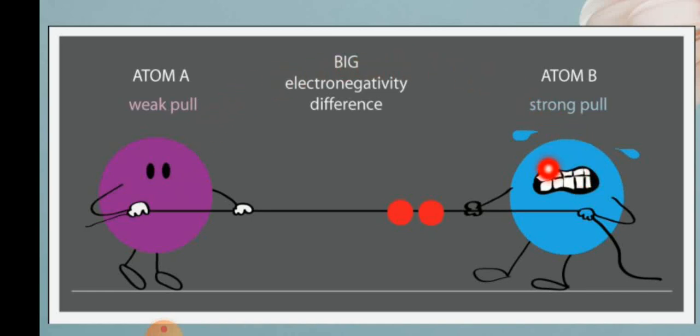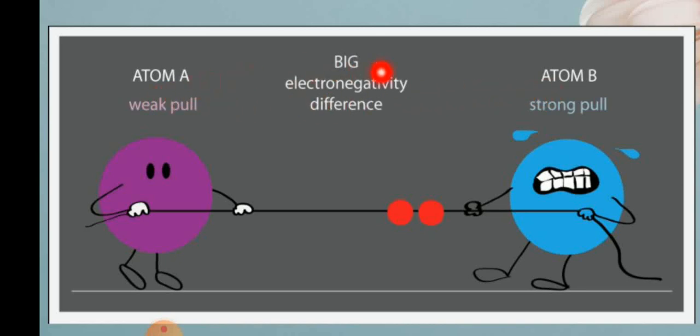In this animation, it is shown that atom B has a strong power. Can you see here? Atom B has a strong pull. That means it pulls the electrons towards itself. It attracts those two electrons towards itself. So atom B has more power than atom A. Atom A has less power, weak pull, they have written. So between atom A and atom B, there is a difference of power to attract electron pairs.